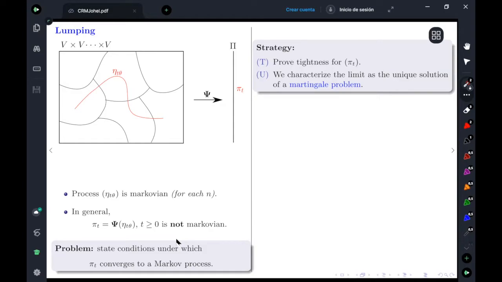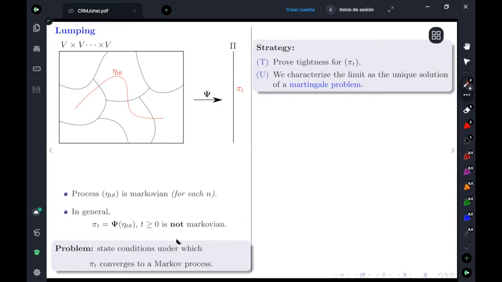Now, in a series of papers with Professor Claudio Landim, what we try to do is use this martingale approach for the convergence to solve this particular problem of lumping, as I explained here.